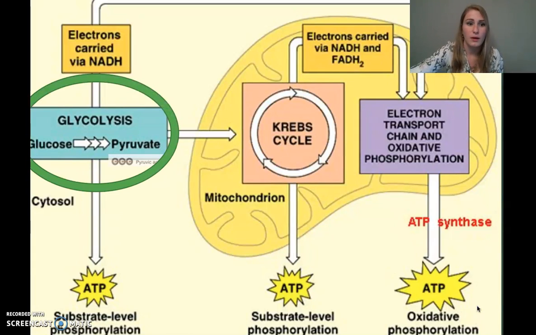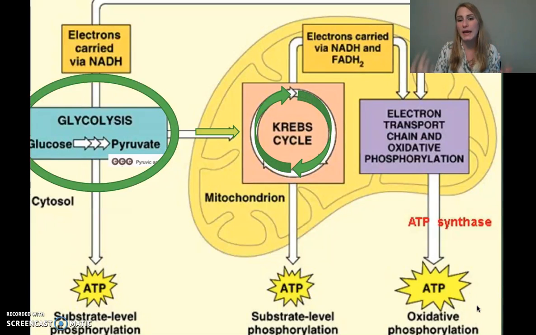So, going over this again, in glycolysis, we make 2 pyruvates from 1 glucose molecule. Then we go into the Krebs cycle. This is where we are going to be creating carbon dioxide as a byproduct of splitting off one of those carbons from the pyruvate. It goes through and we end up making NADH, FADH2, as well as a few ATP.